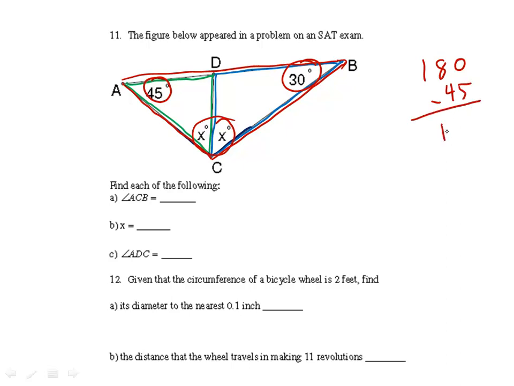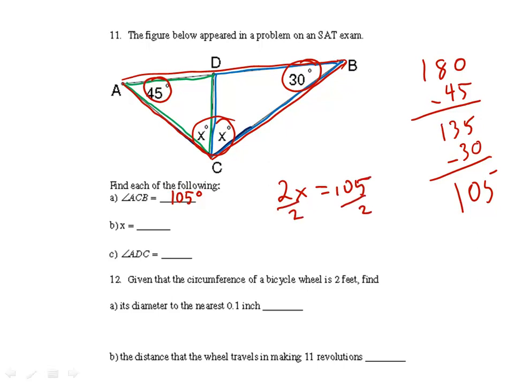So if I take away 45 out of that 180, and then take away 30, I see that angle ABC has got to be 105 degrees. So then what's x? 2x equals 105. And you know how to solve that. So it's 52.5 degrees.